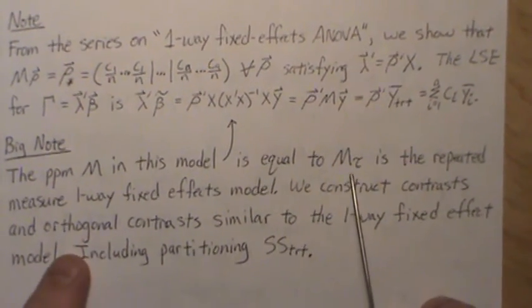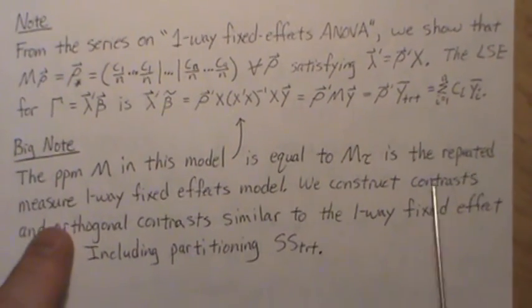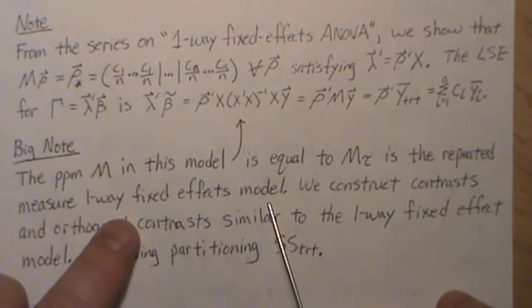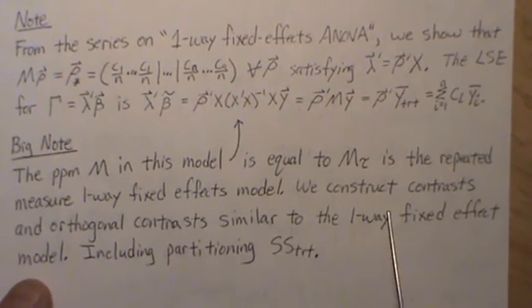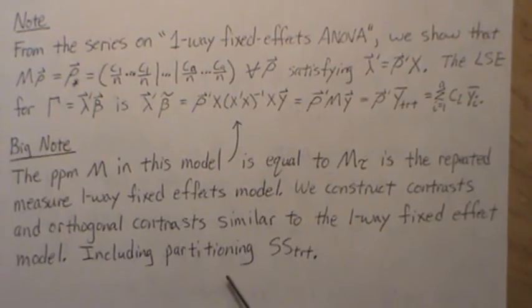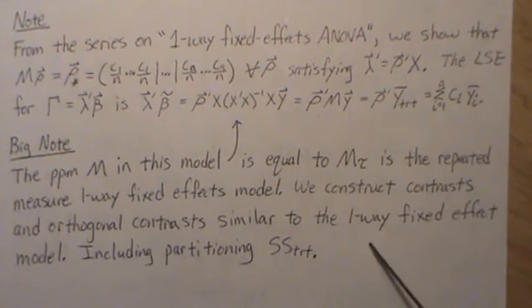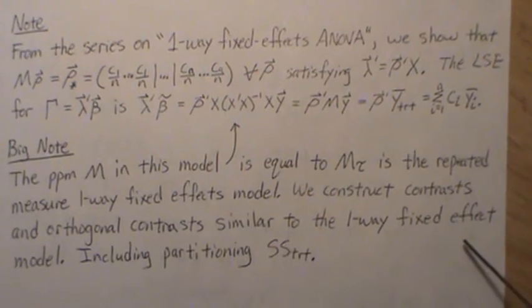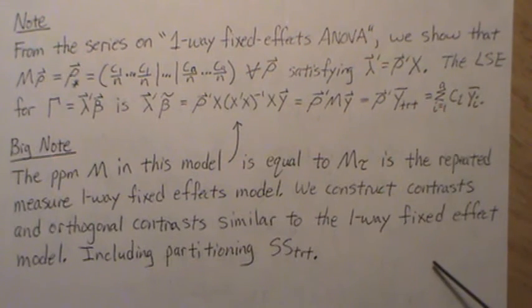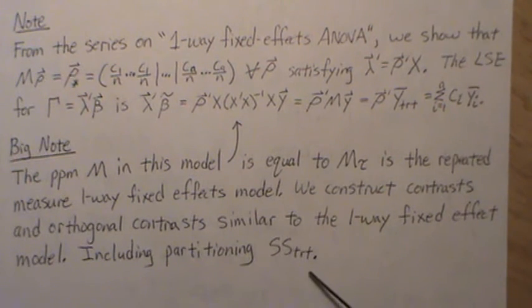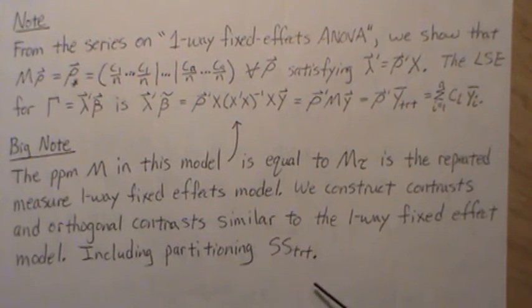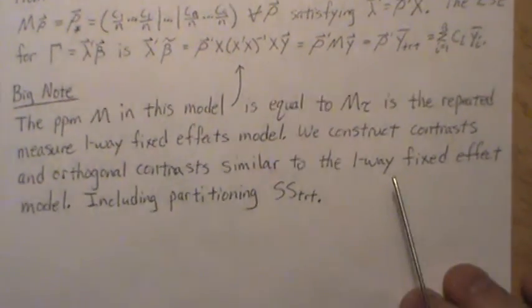So this is equal to M_τ in this repeated measures one-way fixed effects ANOVA. And so we construct contrasts and orthogonal contrasts exactly similar to the way we did in one-way fixed effects ANOVA modeling. And this includes partitioning the sum of squares treatment. And that just makes it so much easier to think about when we're in this design.